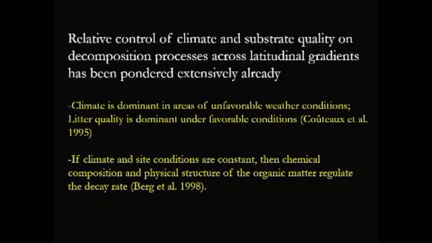So in the tropics, where you usually have good moisture and warm conditions, litter quality might be the main determining factor. But Berg in 1998 described that if climate and site conditions are constant, then the chemical composition and also the physical structure of that organic matter can regulate the decay rate.